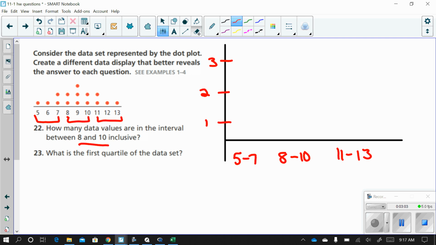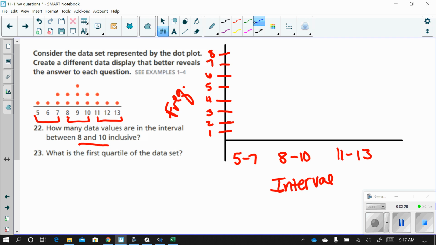Oh, I need this. Hang on. We'll redo that axis. 1, 2, 3, 4, 5, 6, 7, 8. We'll go up to 8. So that's my frequency, and this is my intervals.